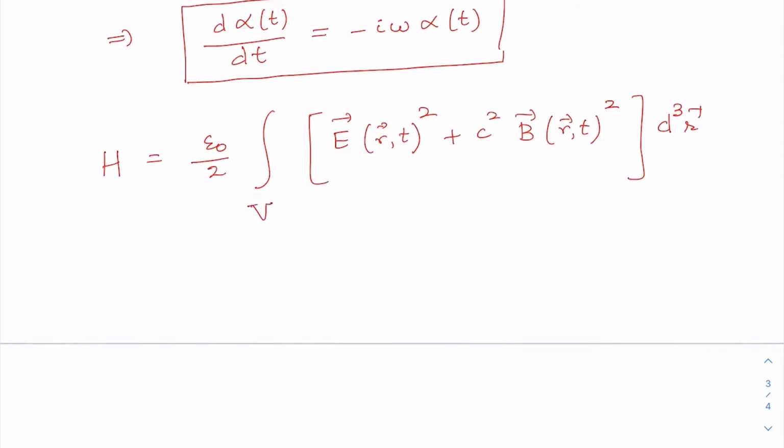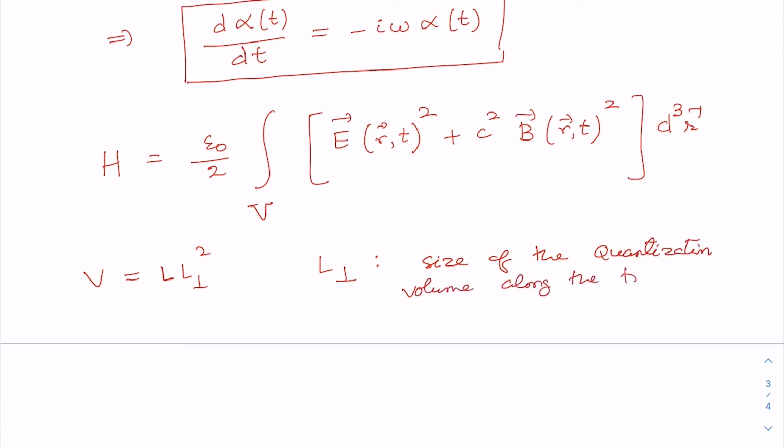The integration is evaluated over the quantization volume V is equal to L times L perpendicular squared, where L is the length of the cavity and L perpendicular refers to the size of the quantization volume along the transverse direction with respect to the mode axis.